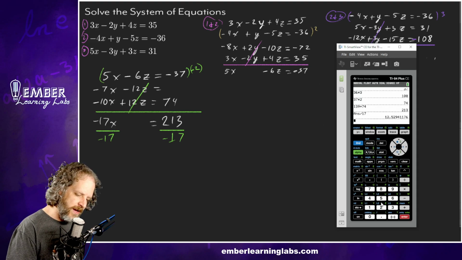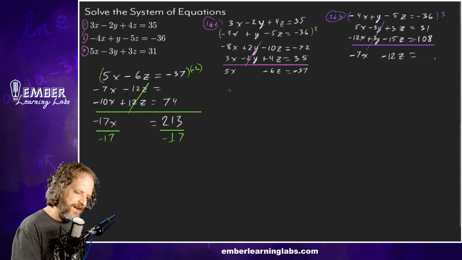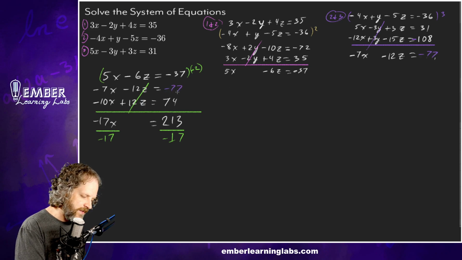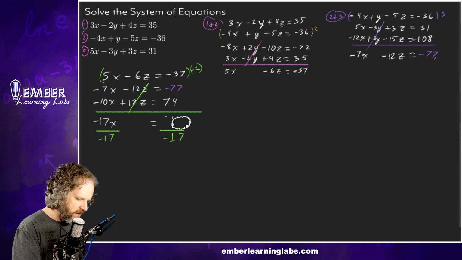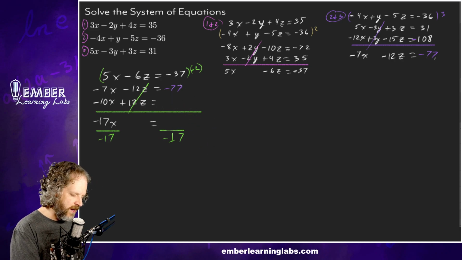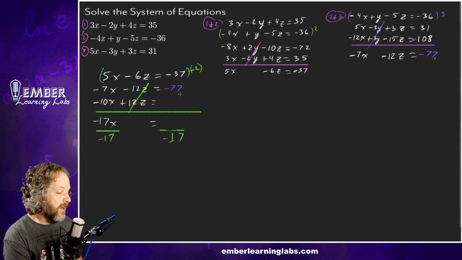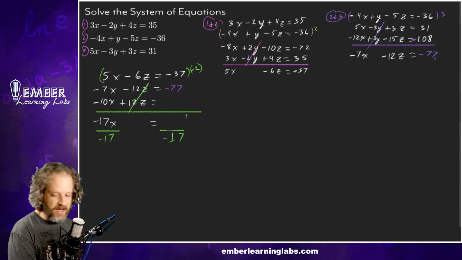Let's see, 108 minus 31 equals 77. So this should have been negative 77, which would make this different right here. It'd be negative, what is that, 114?